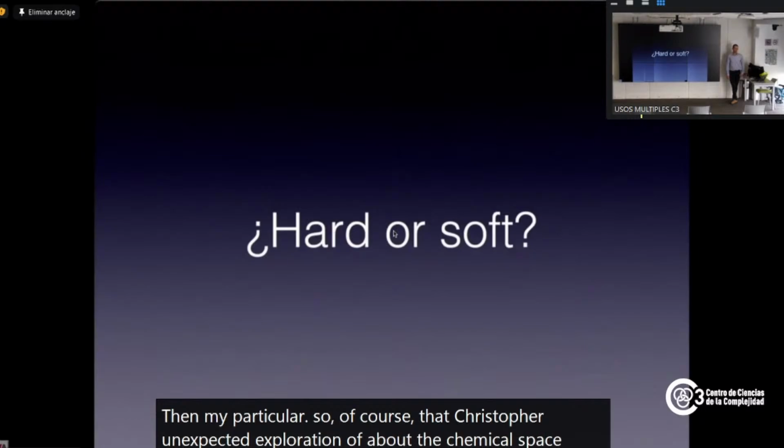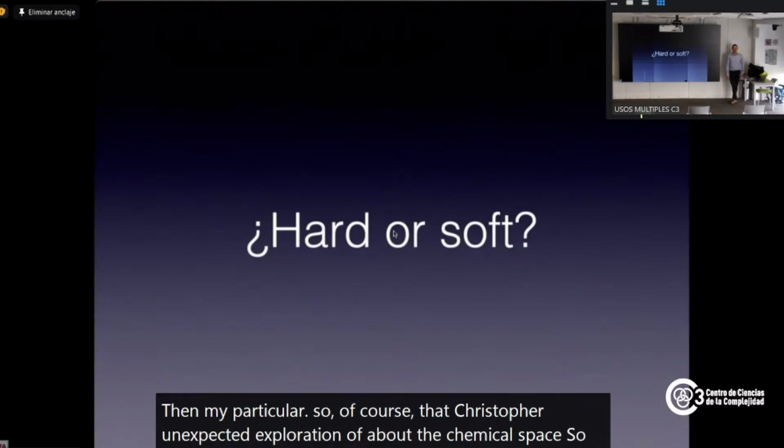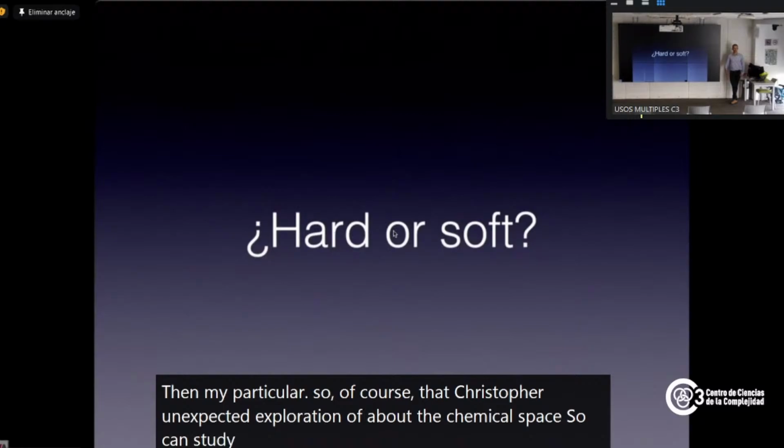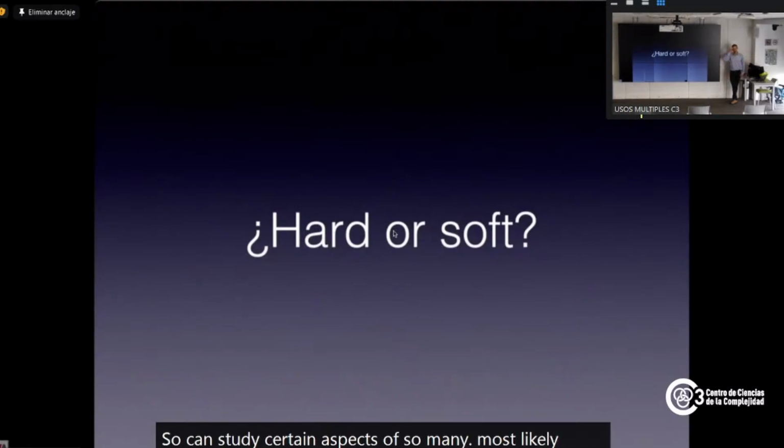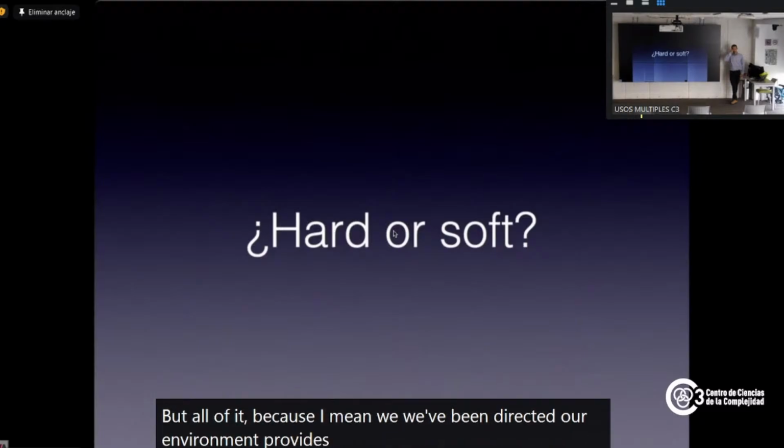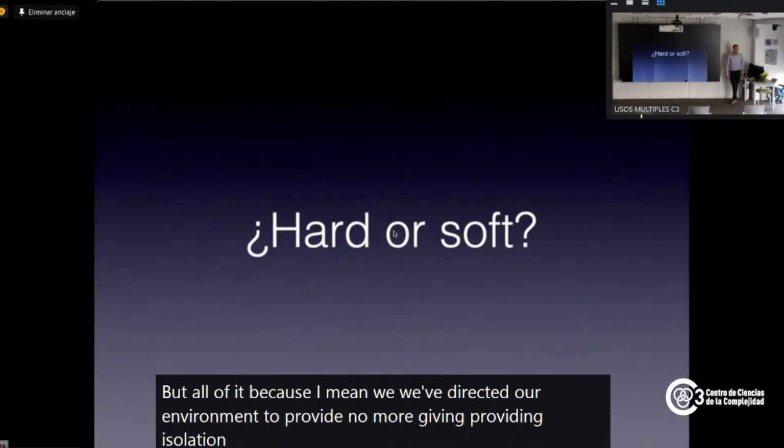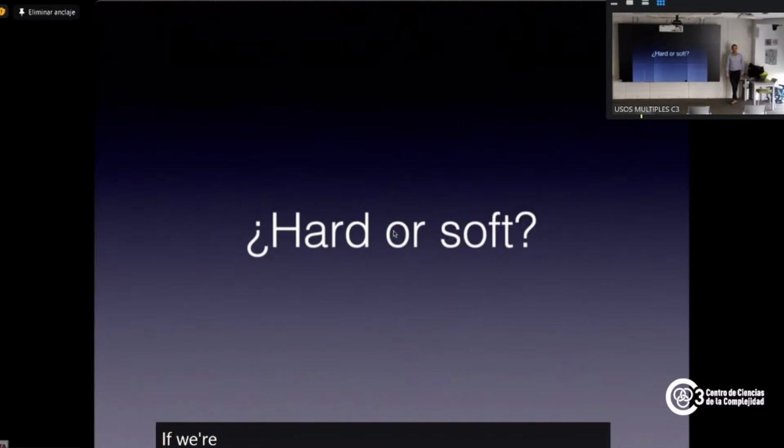In biology, we still can study certain aspects of some animals in isolation, but of course not all of it, because we need to interact with our environment to survive. No living organism can survive in isolation. And if we're speaking about societies, it's senseless to study individuals in isolation.